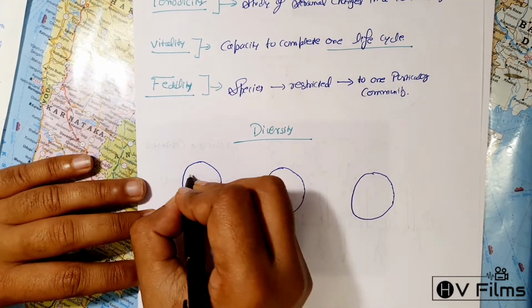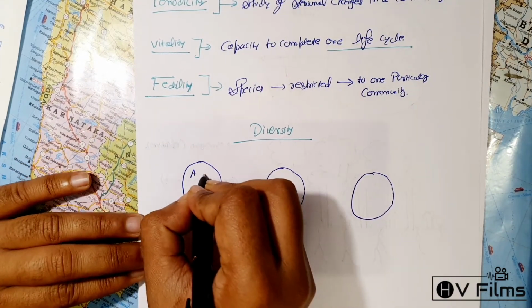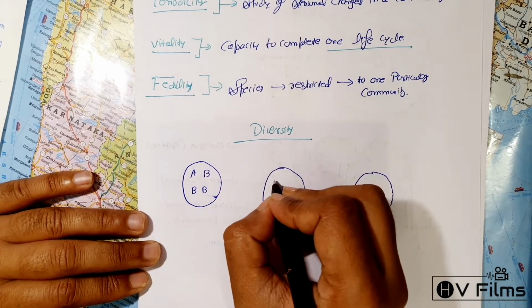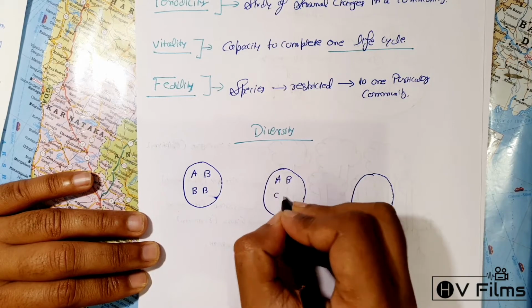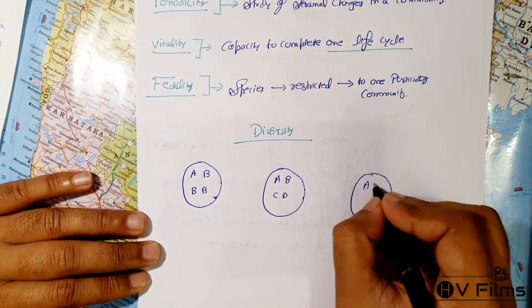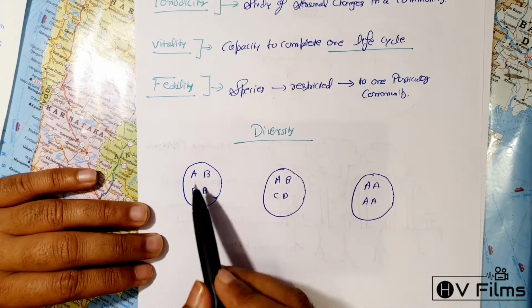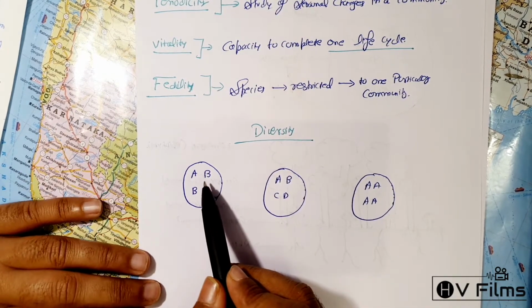Now suppose this is one species, this is a second species. Suppose here we have A, B, C, D, and A, A. So if I say A is one species and B is a second species.